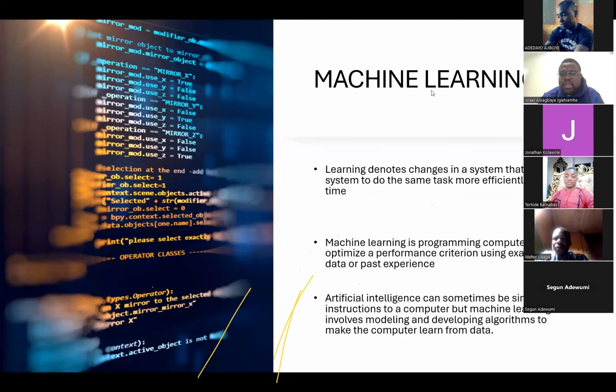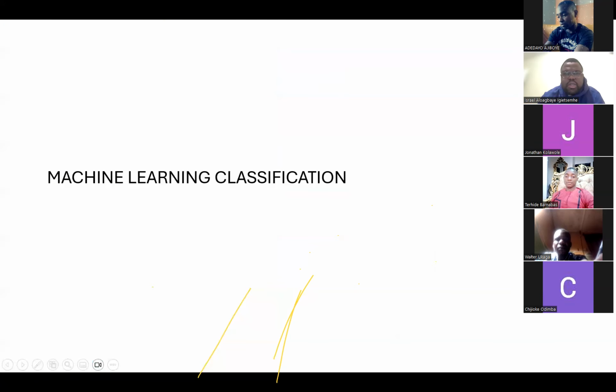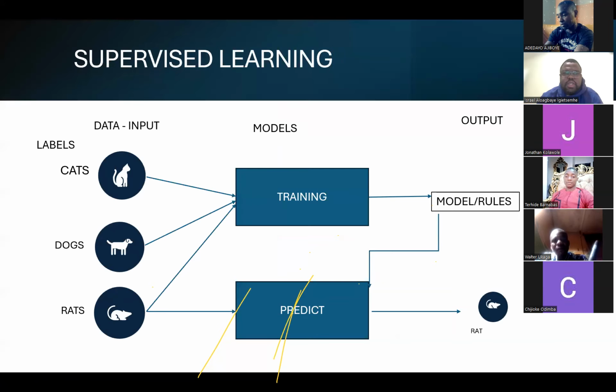Machine learning denotes making the computer learn by giving it past data, and then the computer is able to learn from past experience to make predictions into the future.